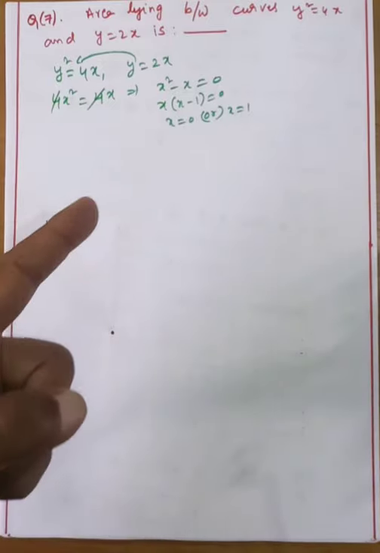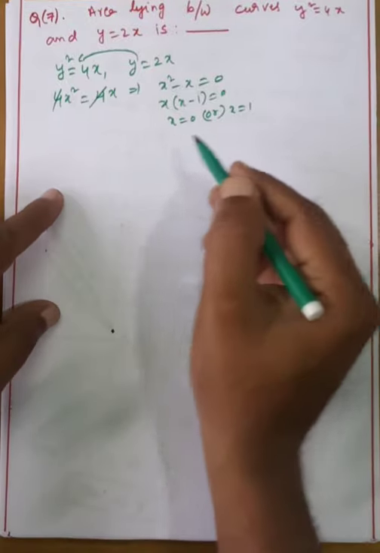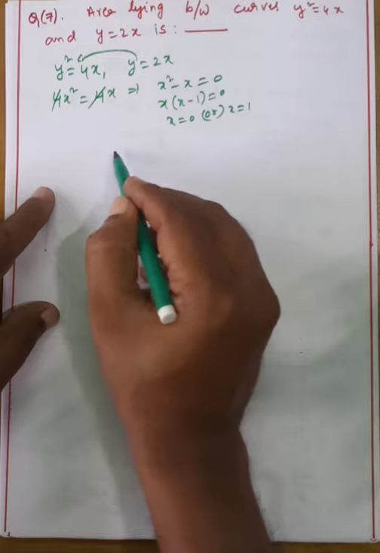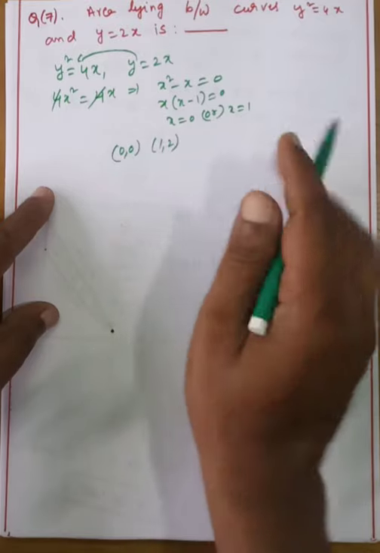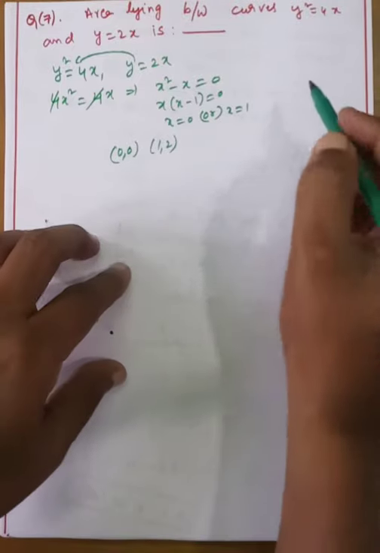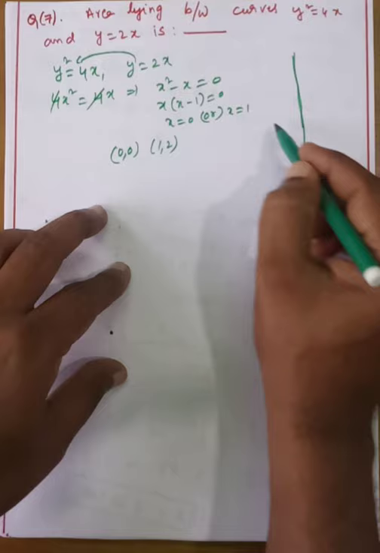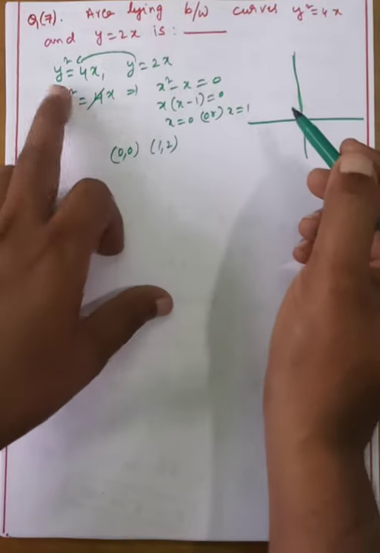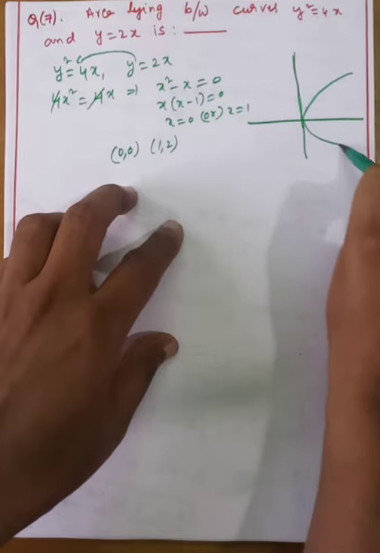X equals 0 means y equals 0, x equals 1 means y equals 2. What are the points of intersection of the curves? 0 comma 0 and 1 comma 2 are the points of intersection. How to draw y square equals 4x, clearly observe here. This is the y axis, this is the x axis. Y square equals 4x, y power even, means the parabola opens this way.